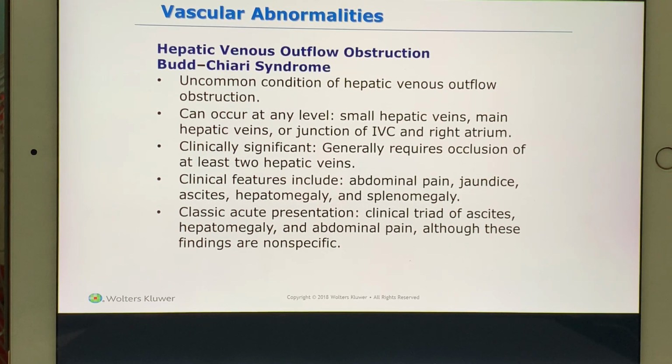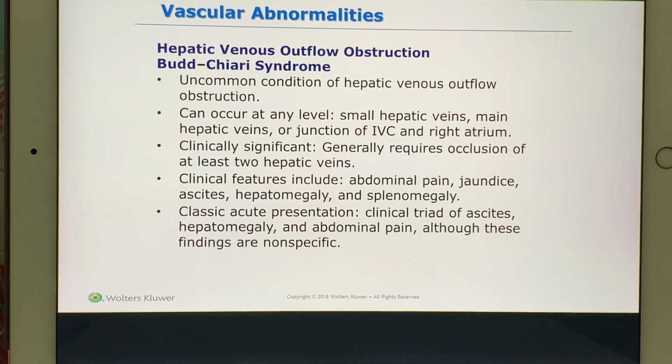Okay? You have abdominal pain, jaundice, ascites, hepatomegaly, and splenomegaly. Because the blood cannot leave the liver, the portal system is still feeding blood into the liver. The hepatic artery is still feeding blood into the liver.